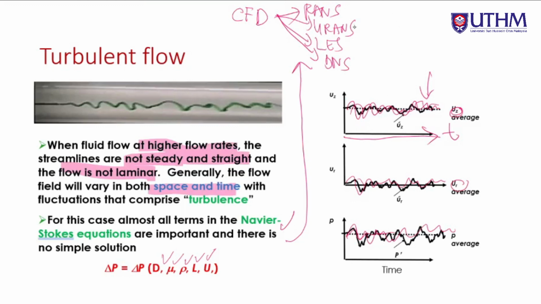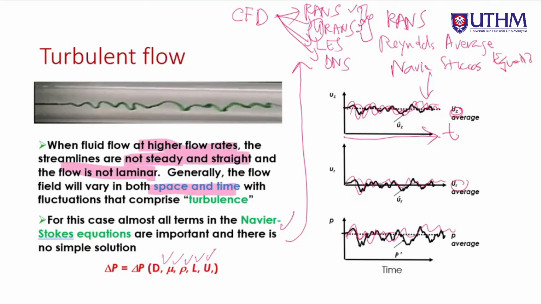And the easiest one is, if let's say we consider RANS lah. RANS and URANS is actually the same, just that RANS is for steady flow conditions and URANS is for the unsteady flow condition, in which dia akan guna this RANS method, in which RANS itself is a Reynolds average Navier-Stokes equation.